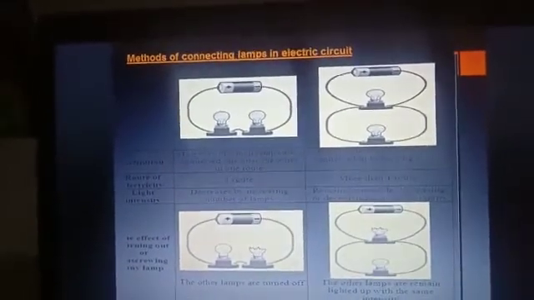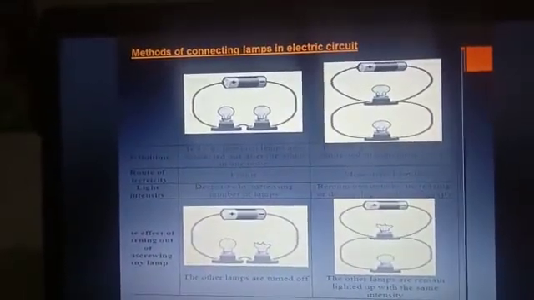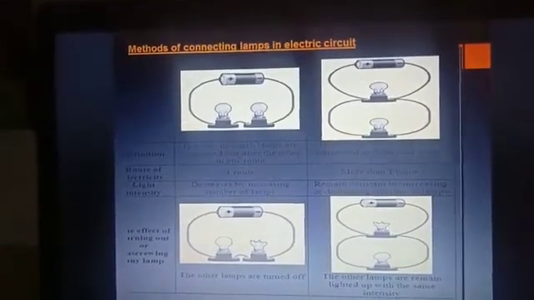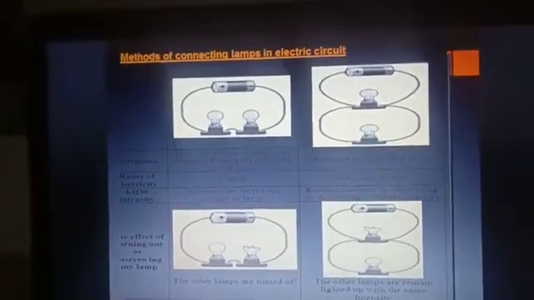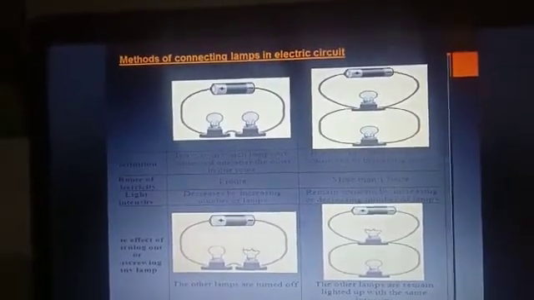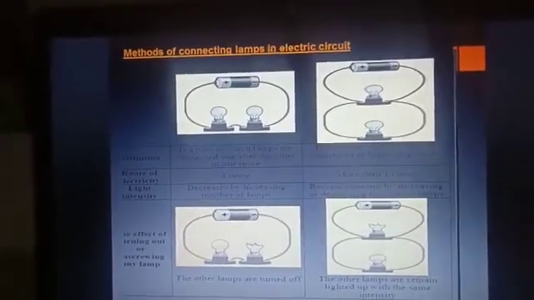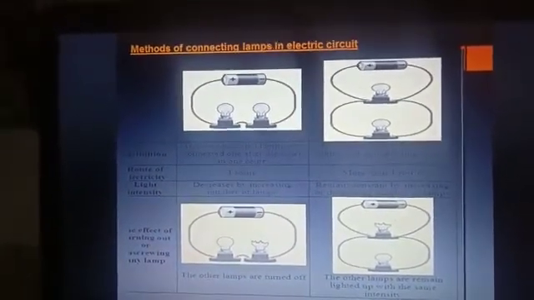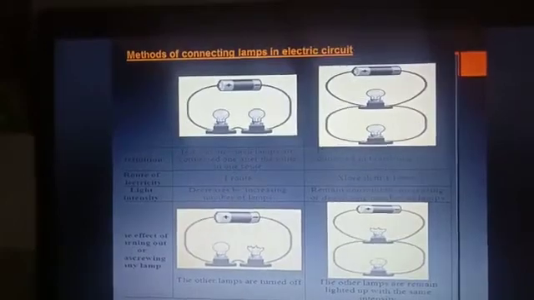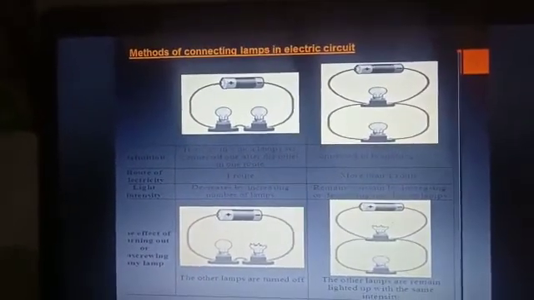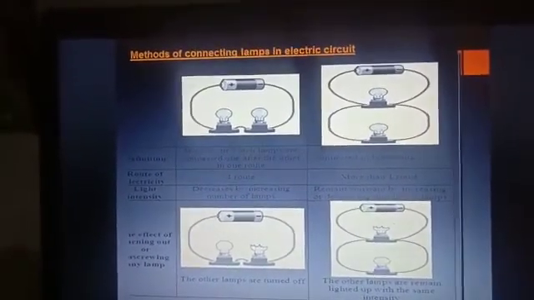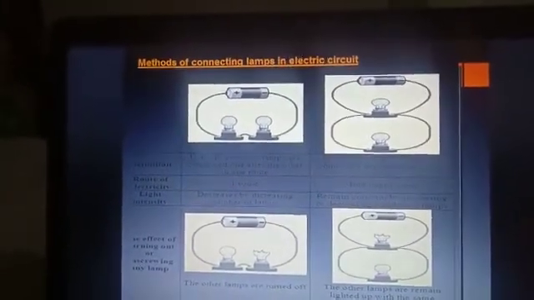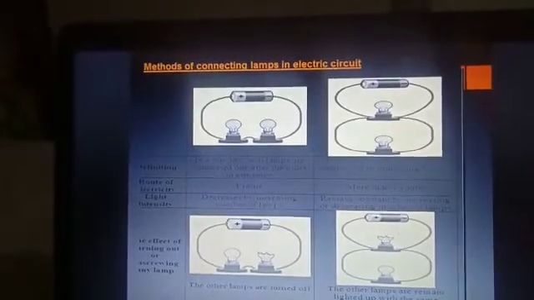If we have one apple and 5 persons, and we divide the apple among 5 persons, each person will eat a small piece of this apple. The same in this series connection. I have one route and one electric current, and I have 4 lamps. So the light intensity, or the power of the lamp, will decrease by increasing the number of lamps.